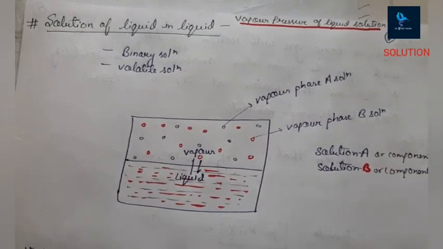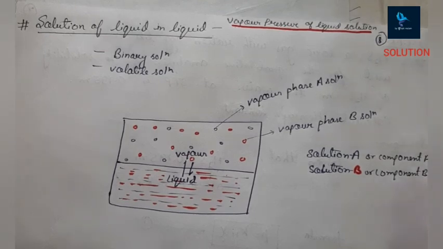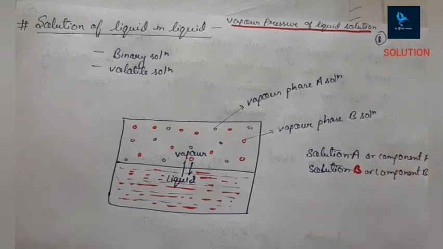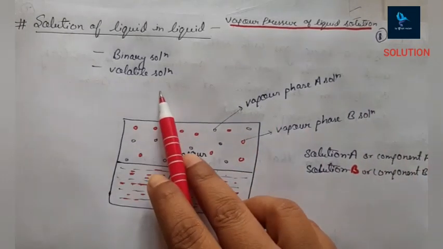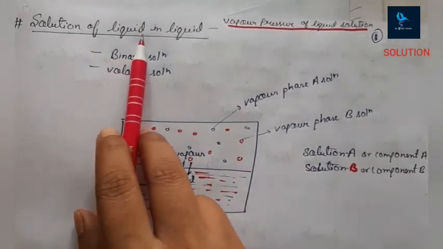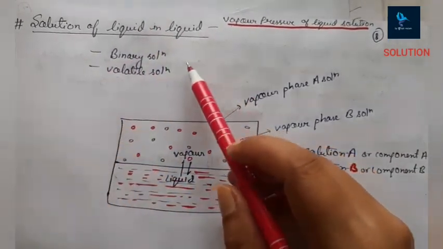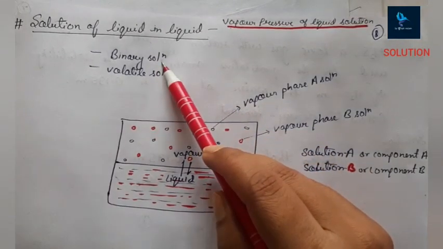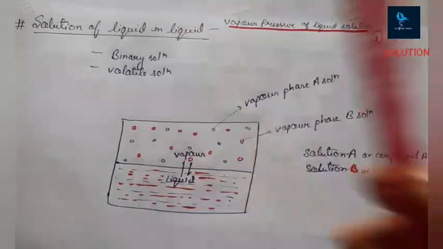Do you know that liquids have some amount of volatility? Some liquids are volatile, or more volatile. Here, in solutions of liquid in liquid, we take binary solutions. What do you mean by binary solutions?